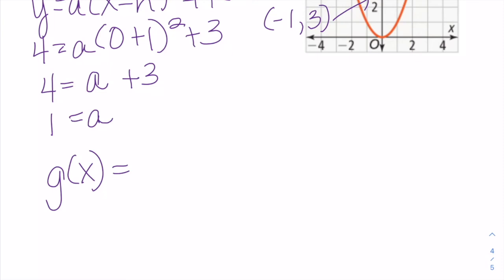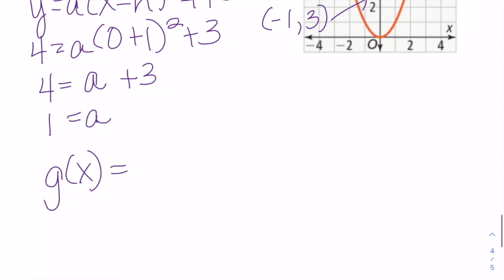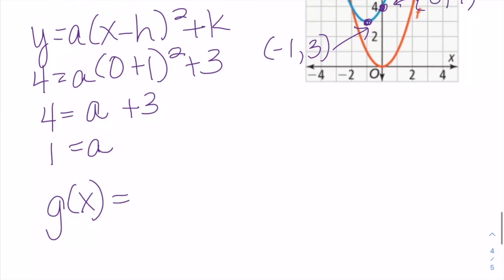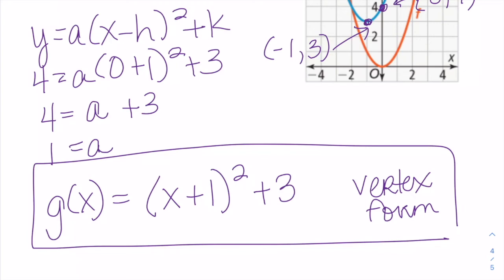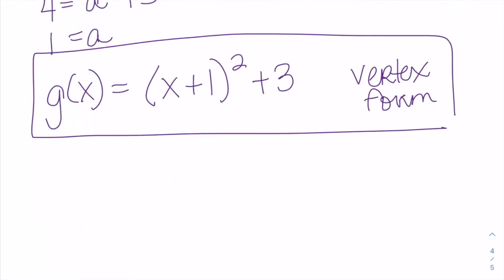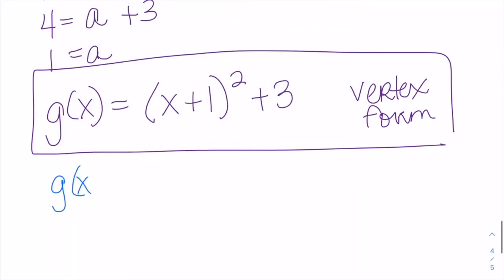So I'll start with the parenthesis. We know that the vertex was -1, so it's going to be (x plus 1) squared plus our k. So this is the equation in vertex form. I'm going to put a box around it. Okay, so that's part of the answer. The next part is to write this equation in standard form. So to write this in standard form, we're going to have to FOIL out (x plus 1) times (x plus 1), and then add the 3.